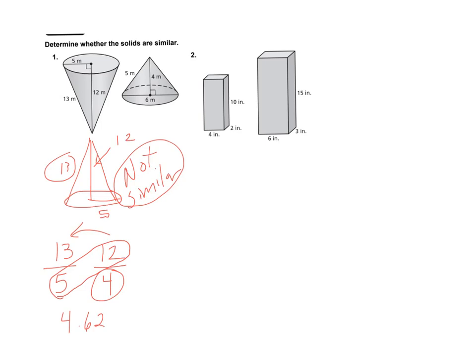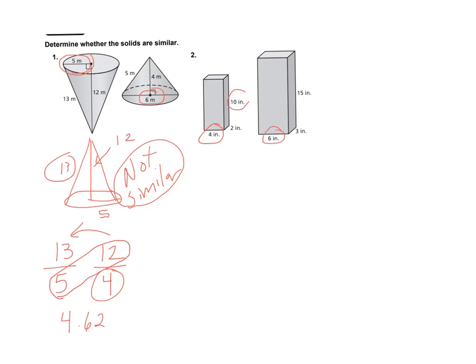Now, some people get confused. They'll say, well, why didn't you use the radius? Well, we didn't have to. We could have. But in order to figure out if a shape is similar, you only have to find a proportion between two dimensions. So if you look at this next shape, we could do this one and this one, right?